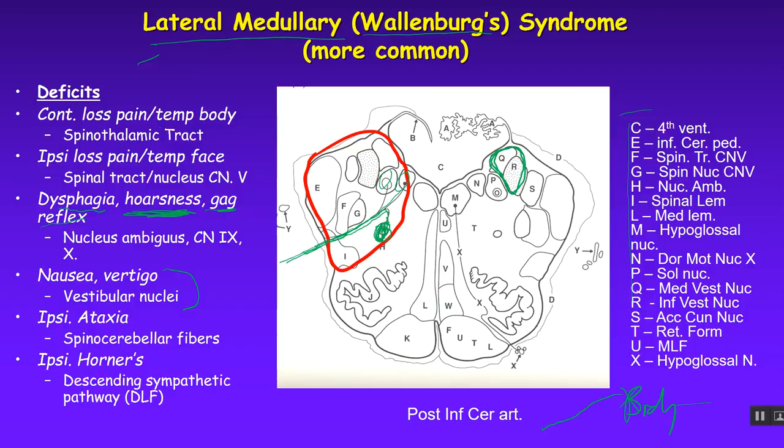The other ones are a little higher. So you're going to pick up that Q, medial vestibular nucleus, and the inferior vestibular nucleus. So that would be these guys right here on this side. So that's going to cause nausea, vertigo, because of the difficulty with the vestibular nuclei. Okay.